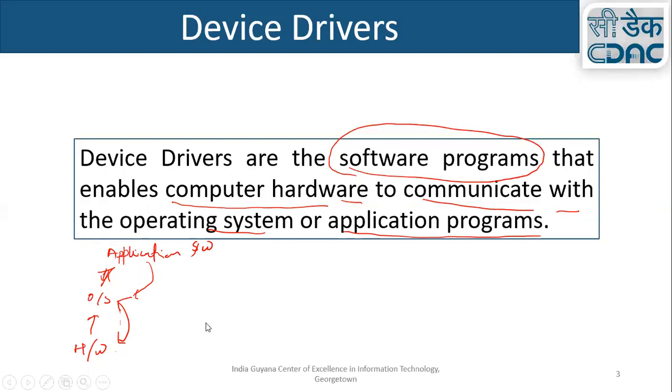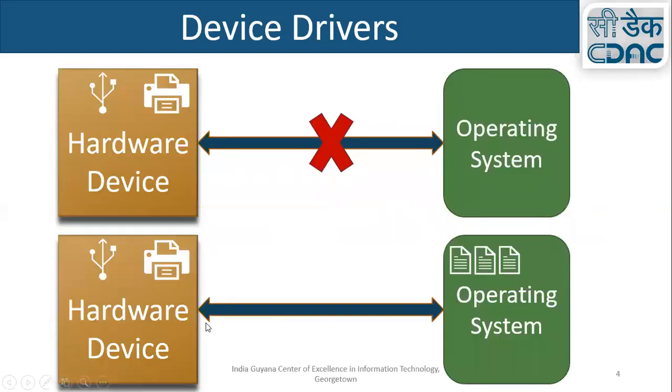What happens if you don't have the device driver? You have your hardware devices, like a printer or a USB device here. The device driver, inside your operating system, is responsible for managing all the devices.